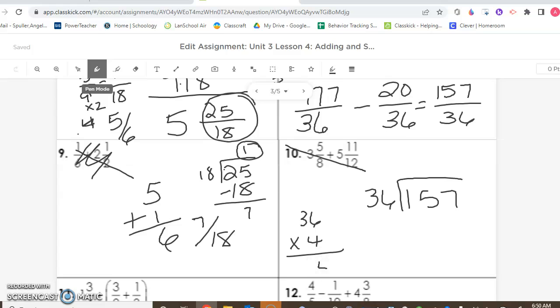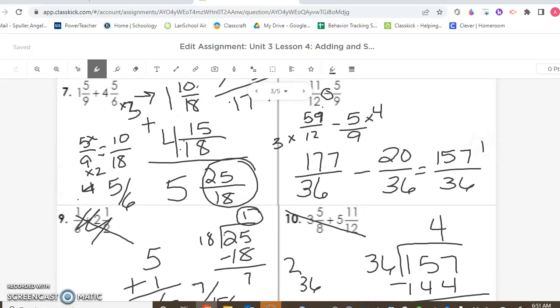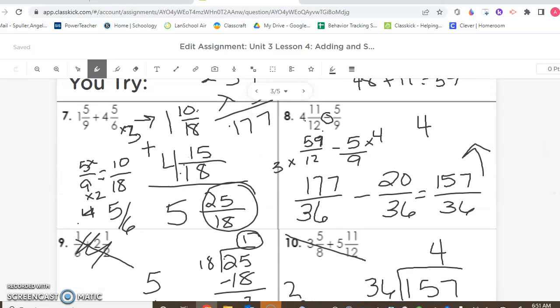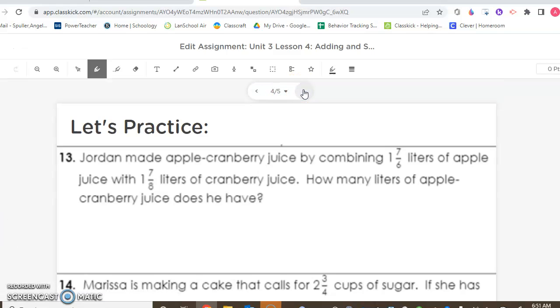Okay, that would have been 24, carry the 2, that had got me 144. So we know 157 minus 144. Okay, so this is equal, and I'm going to go up here, to 4 and 13 over 36. Great job. All right, let's look at these story problems on this next slide.